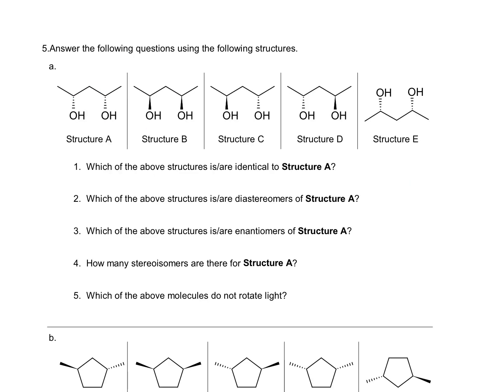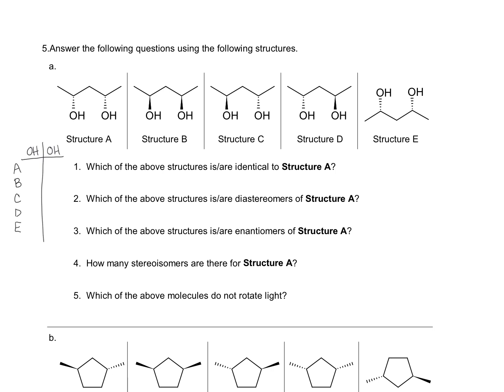All right, for question 5, I want you to compare a large subset of molecules and determine how they are related. I will teach you the fastest way to do this, and I think the fastest way involves making a table to compare them. So I would just put the two chiral centers at the top, and then the structures A, B, C, D, E on the side.